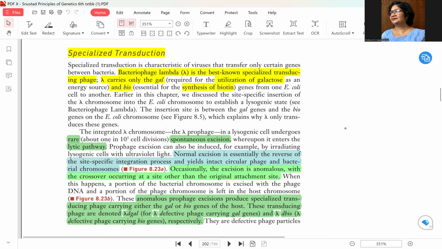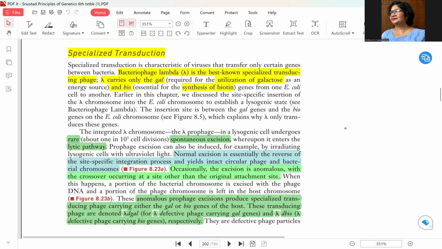When the environment of the bacterial cell is suitable, that is, it is conducive for the growth of the bacterial cell, then the lambda DNA can become integrated into the bacterial cell DNA and carry out a lysogenic cycle as opposed to a lytic cycle. During this lysogenic cycle, if the environment of the bacteria changes so that it is not suitable for the bacterial cell survival anymore, then the viral DNA detaches from the bacterial DNA.